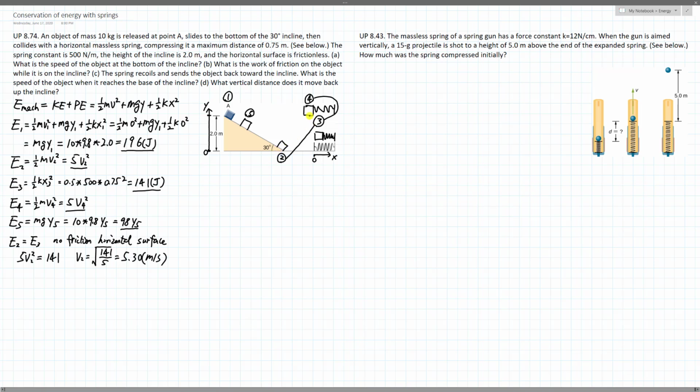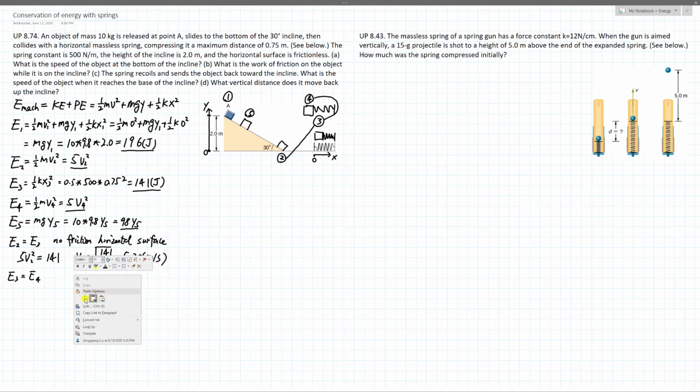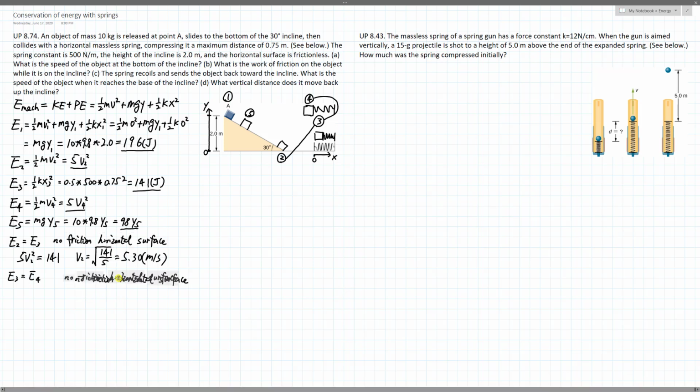Okay, so this is how fast the block was at the end of the incline. We can also do the 4. So E3 equals E4. That's the same reason, no friction on the horizontal surface. No friction again, right?